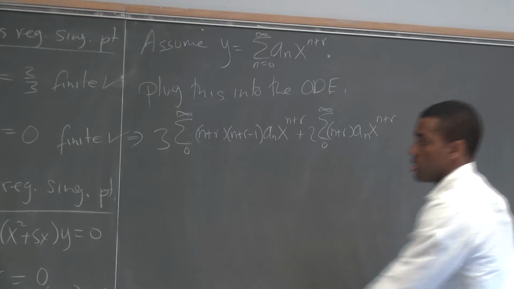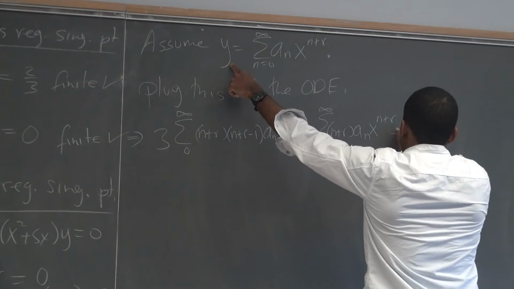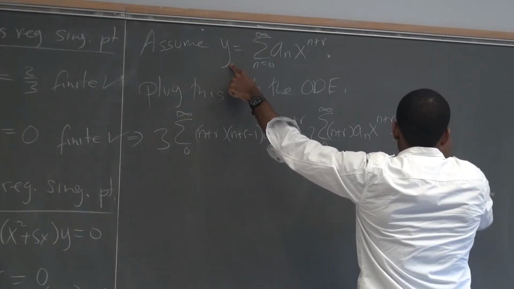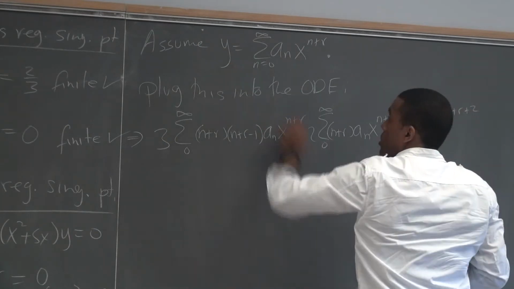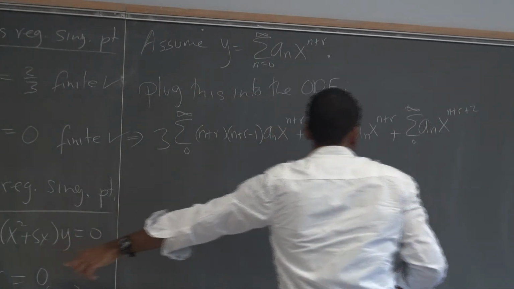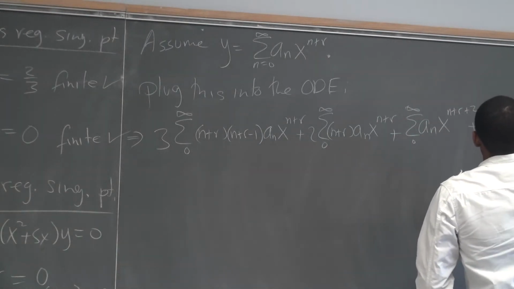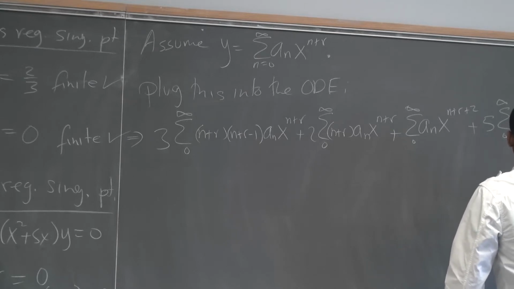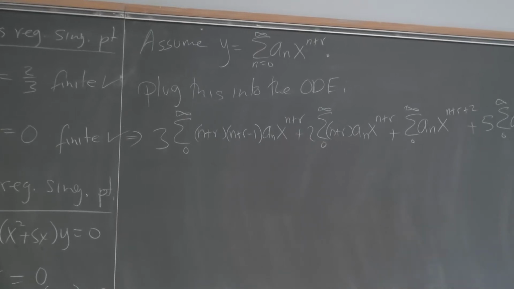Then x squared times the y, so from 0 to infinity of a_n x to the n plus r plus 2. And then 5x times the y. So we have this.